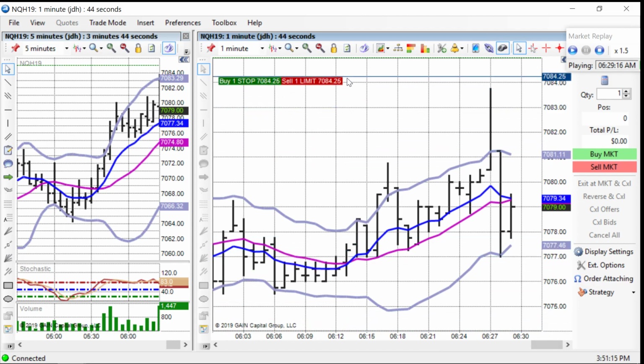Hello again. Today was really an unusual day because of the extreme low volatility. In a typical day, it would start out with higher volatility and decrease towards afternoon New York time or Chicago time as traders go to lunch.